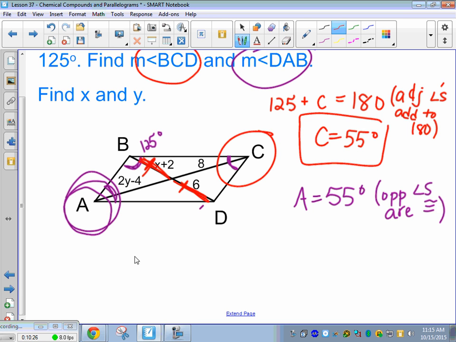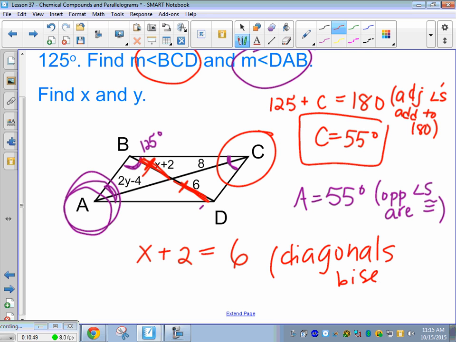Oh, Edward. Just say no. Teamwork, teamwork. You knew that? That's it, you guys. That's all you have to do. Diagonals bisect. You got to put your reason.